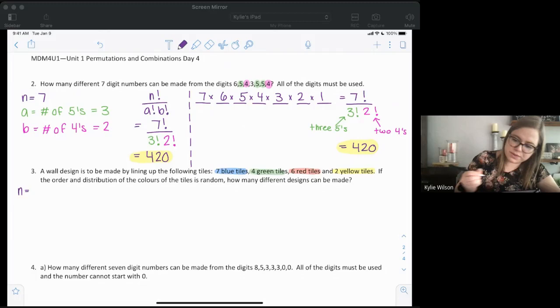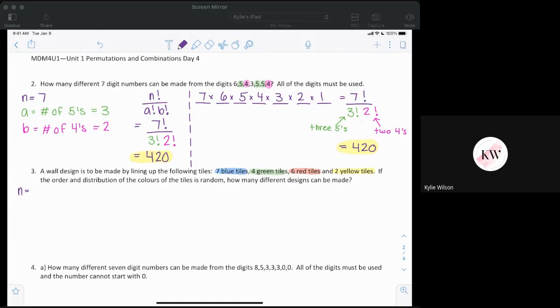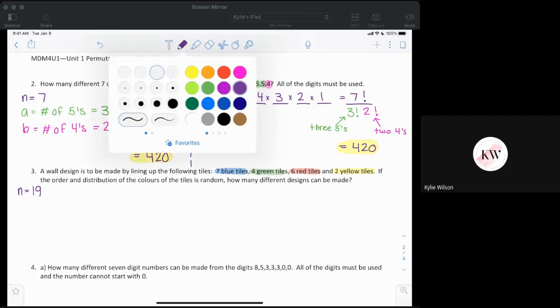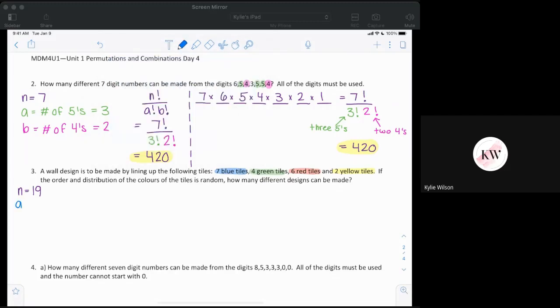So I have 7 blue, plus 4 green, plus 6 red, plus 2 yellow. So 19 tiles in total. And now I need to account for my a, b, c, and d, or my identical elements. So a is my number of blues, so that will be 7.